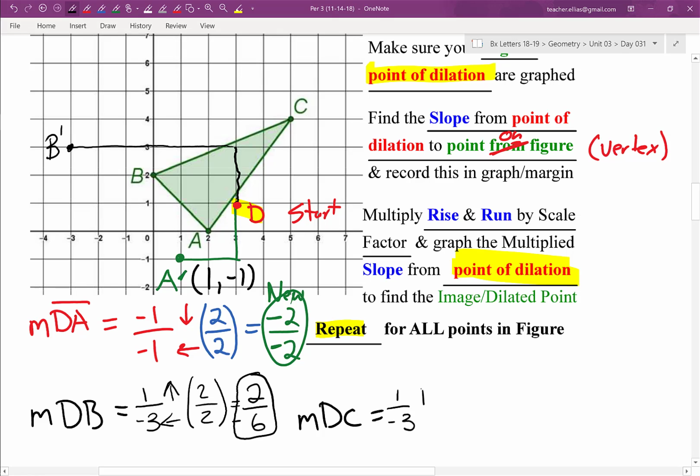So how would we do C? Omar, what's the slope from our point of dilation to C? Jaylene, you want to take it? Perfect. You're going to go up 3 and then positive 2 or negative 2? So if we're going to dilate by 2, we're not going to go up 3.